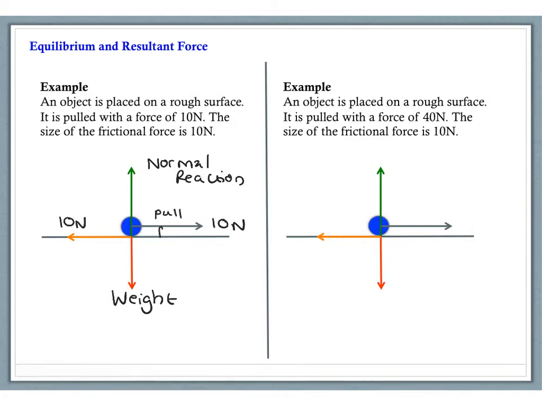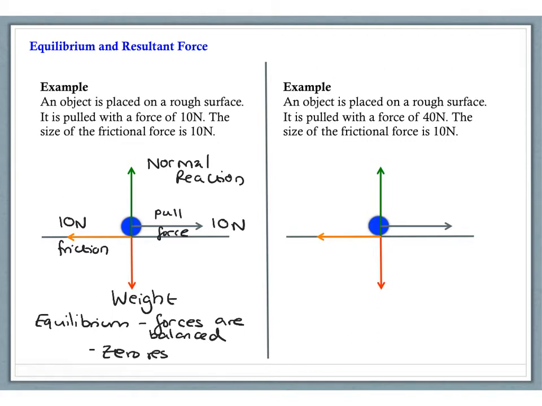So this is our pulling force and this is our friction. This object will remain in equilibrium. The forces are balanced. And there is 0 resultant force.